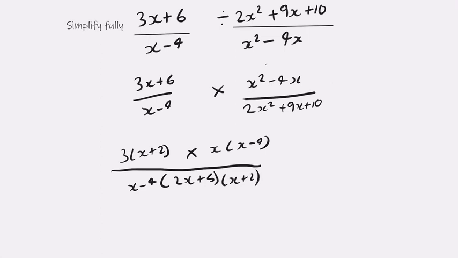Because if you expanded that, that would be 2x squared plus 4x plus 5x plus 10, which is 2x squared plus 9x plus 10. Now, because everything's been multiplied at the top and bottom, we can cancel out the x plus 2's and cancel out the x minus 4's. So what you'd be left with is 3x over 2x plus 5. And that would be your answer.